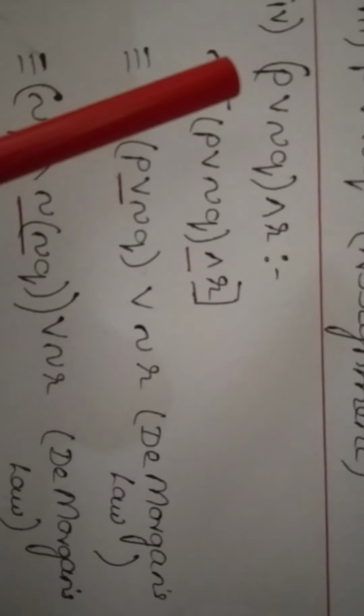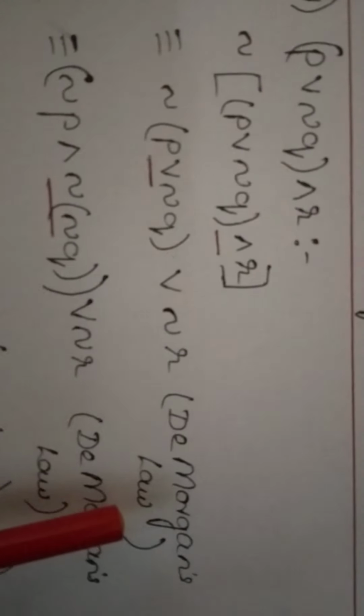In the fourth question, P or not Q and R, the negation of this particular statement has to be found out. Now remember that when we form a negation, we first modify the connective which is present outside the bracket, and then we move on to the connective which is present inside the bracket.